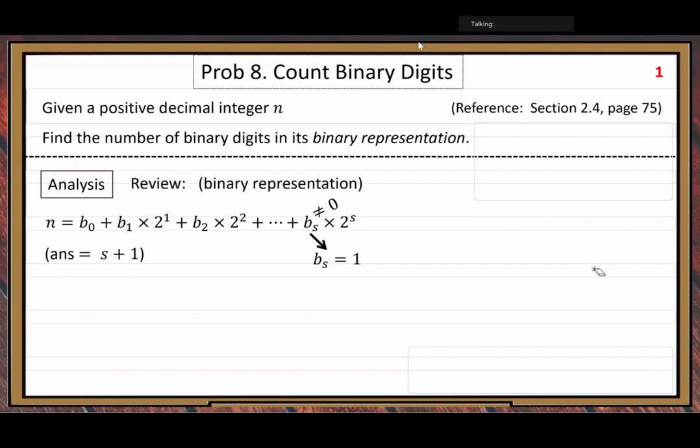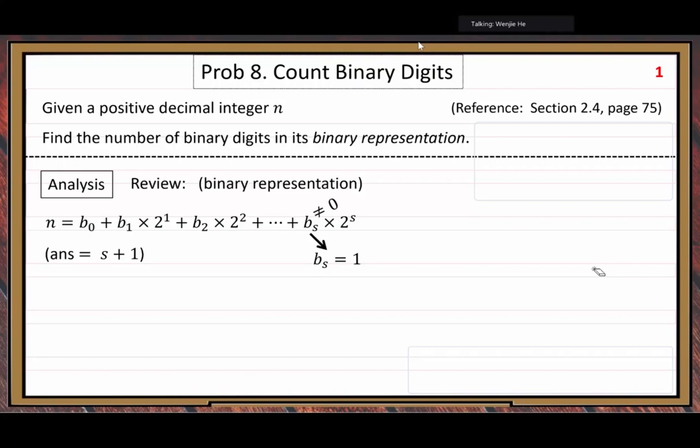There are s plus 1 different positions. So the counting number is s plus 1. But we cannot use s plus 1 as our final answer directly, right?